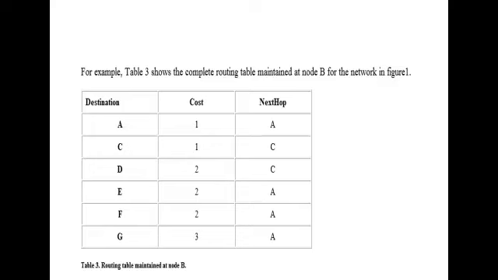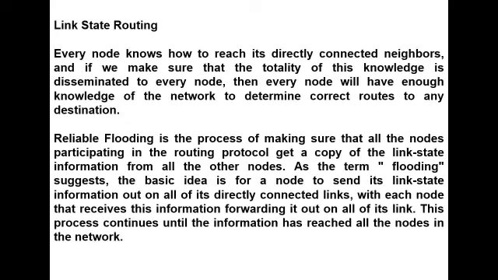Now come to the next routing algorithm, which is link state routing. Link state routing is just the opposite of distance vector routing. Suppose we differentiate these two on the basis of one major point, although the working, methodology and protocols are also different, but the basic conceptual difference is that distance vector routing shares the entire network's information with its directly connected neighbors only.